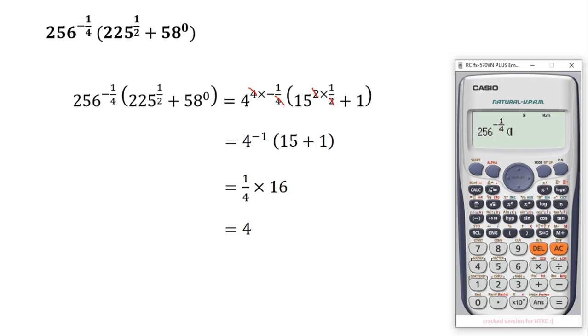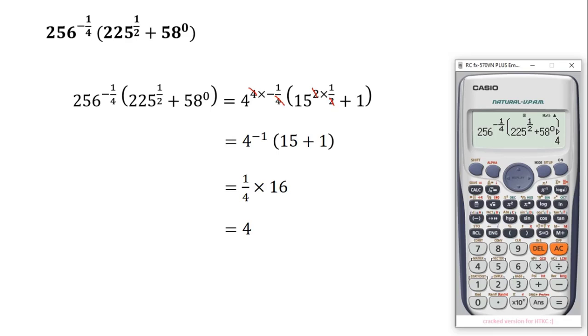Then you bring your bracket open button, 225 exponent, you bring your fraction button, 1 divided by 2, then plus, so we have plus 58 exponent 0. Don't forget to close the bracket. So you close the bracket and you press on equal to sign, and the calculator solves the question for you.